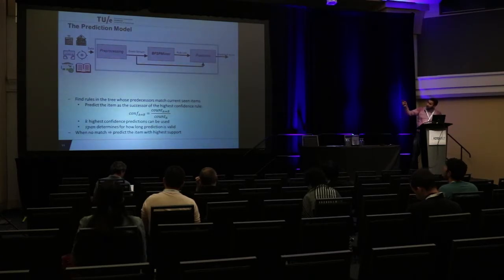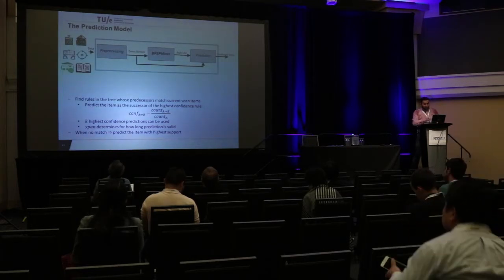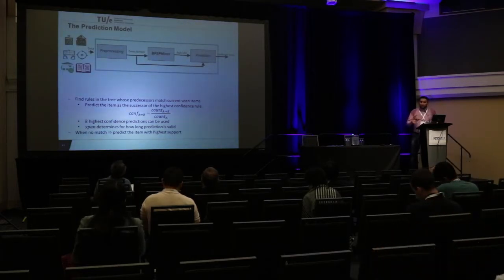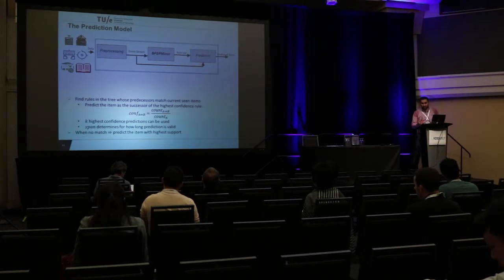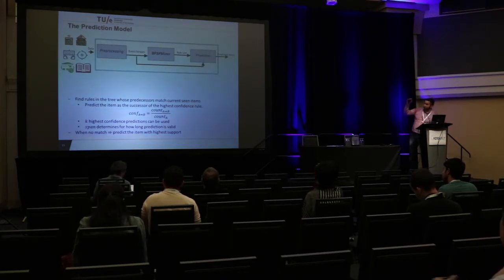And then in the prediction part, we assume that we don't know what is the coming item in the stream, and we try to predict it using the rules in the list, starting, of course, with rules with the highest confidence.